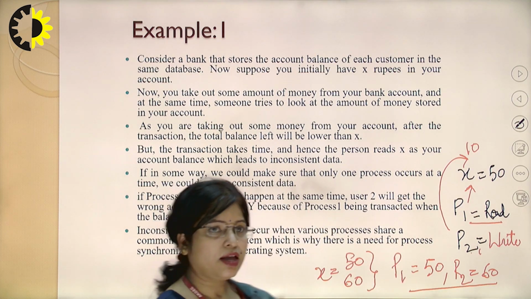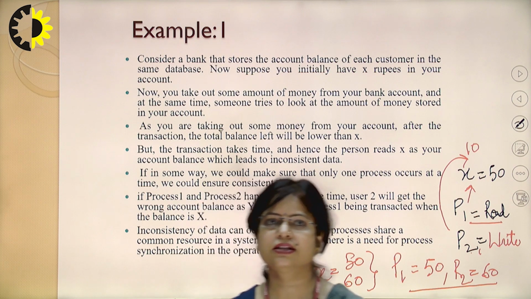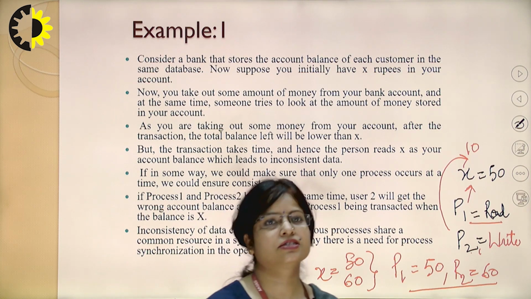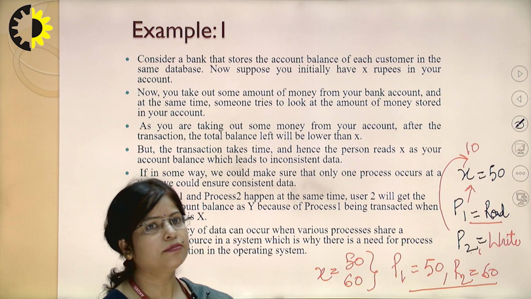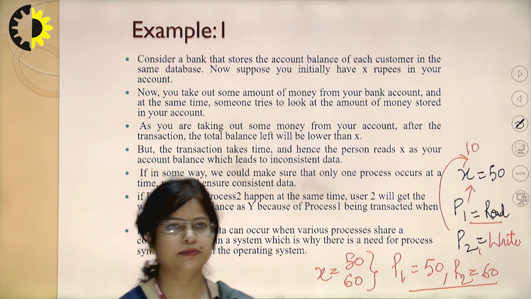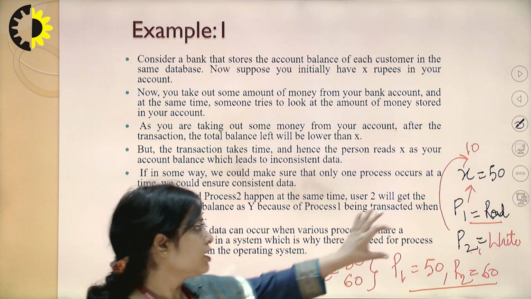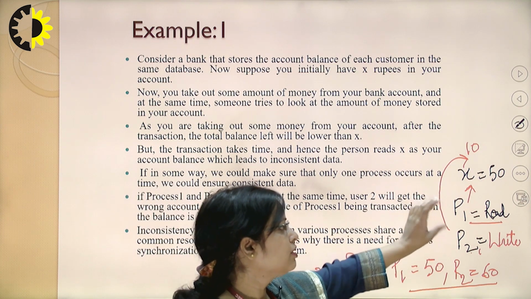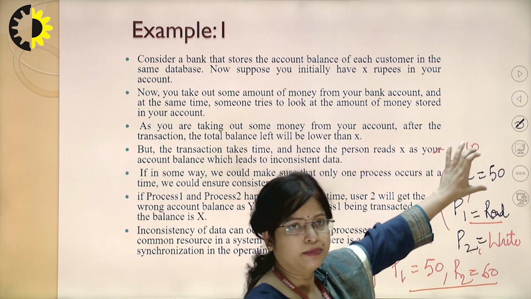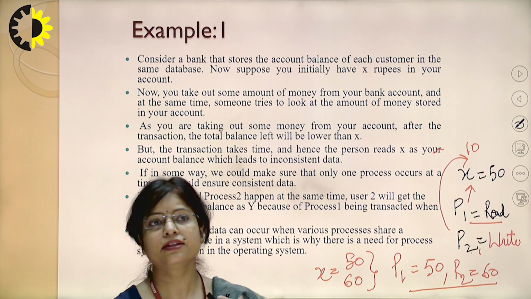But the transaction takes some time, and hence the person reads X as the account balance, which leads to inconsistent data. If in some way we could make sure that only one process occurs at a time, we could ensure consistency of data. If we can make sure that only one process can access this shared variable, then this race condition problem can be removed.